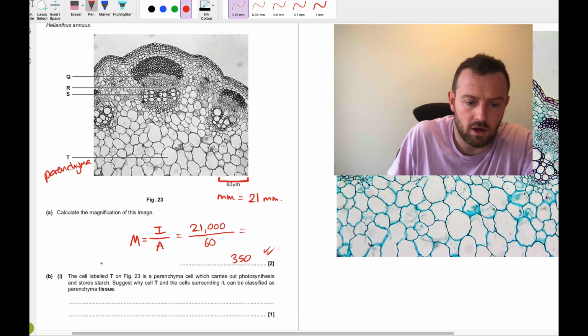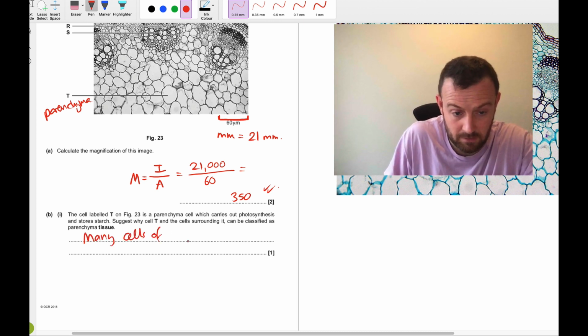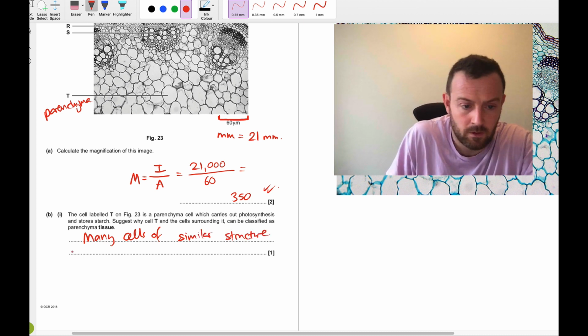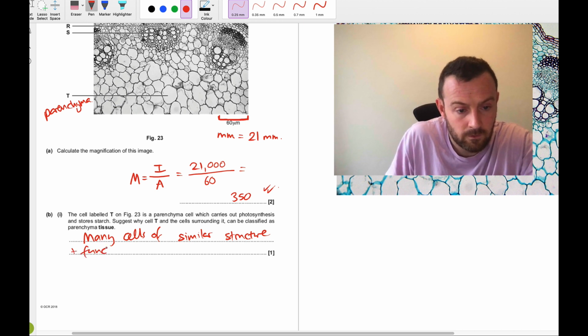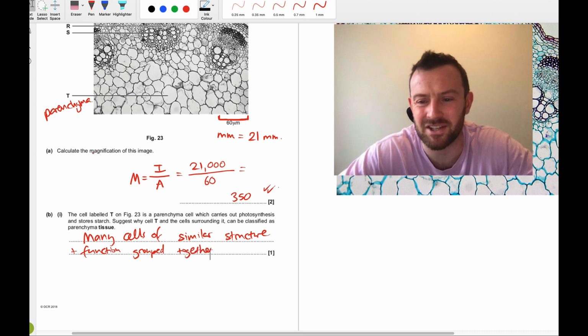Well, I would say that there are many cells of similar structure and function grouped together. I hope that's enough. Or do I need to say many identical cells?